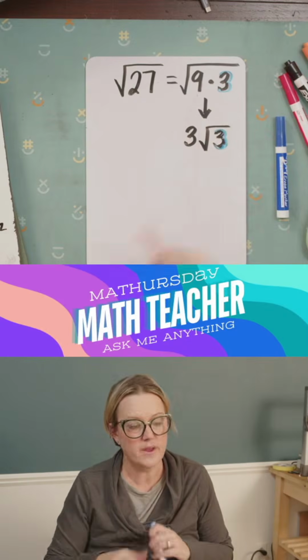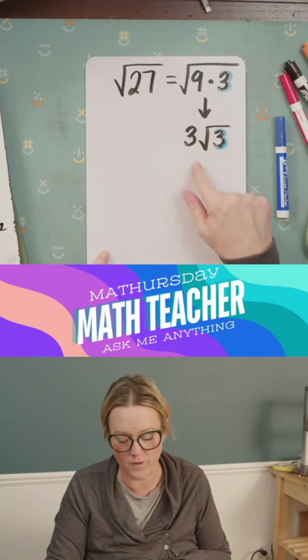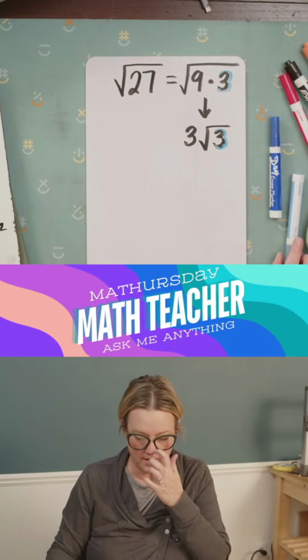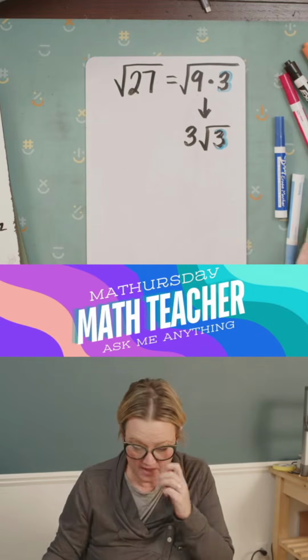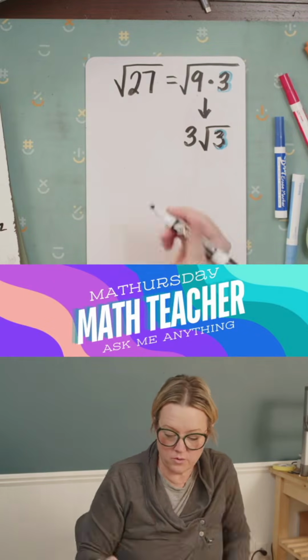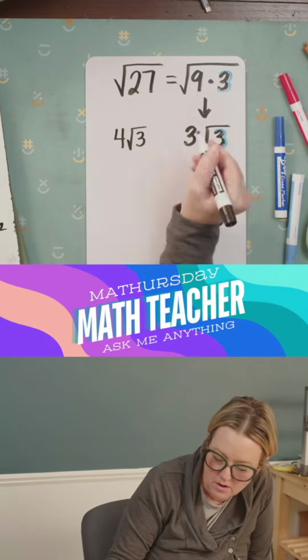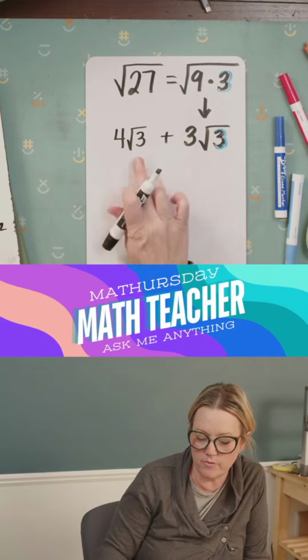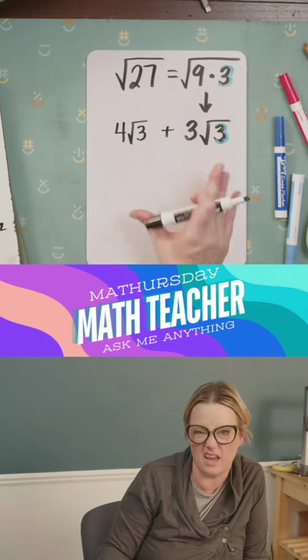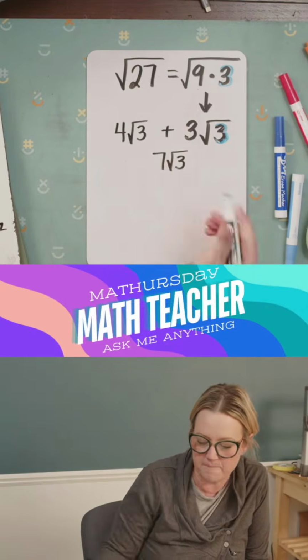I can't take the square root of 3, so it has to stay underneath the little radical sign. Now, if I had 4 root 3 plus 3 root 3, we just treat these radicals sort of like variables, and this would be 7 root 3.